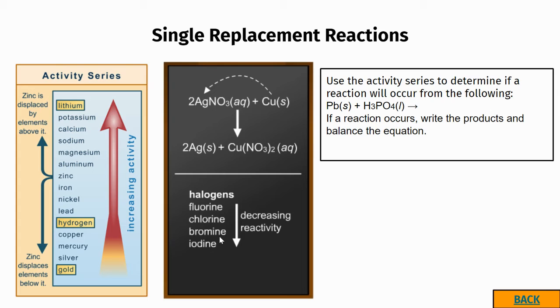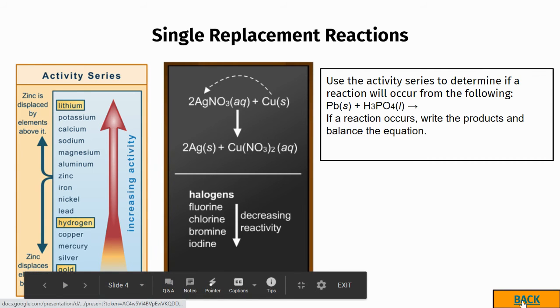If this reaction occurs, if the lead replaces the hydrogen in phosphoric acid, if that happens, a reaction will occur. If that is the case, what are the products? And then balance the equation. So you're going to pause this, work through it, and then you're going to ask me what the answer is in class. All right? So that's single replacement.